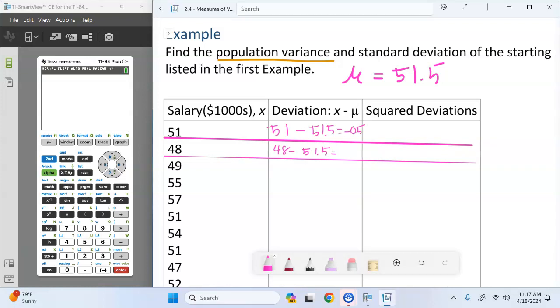What do we get? Negative 3.5. And then we do it again. 49 minus 51.5. 55 minus 51.5.